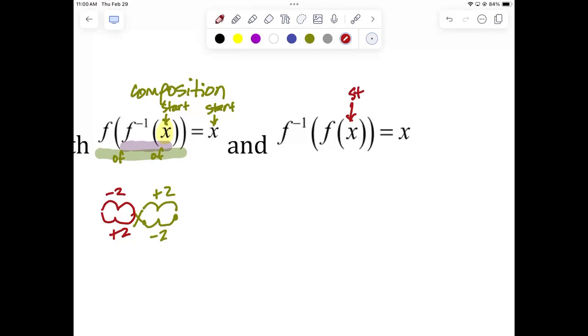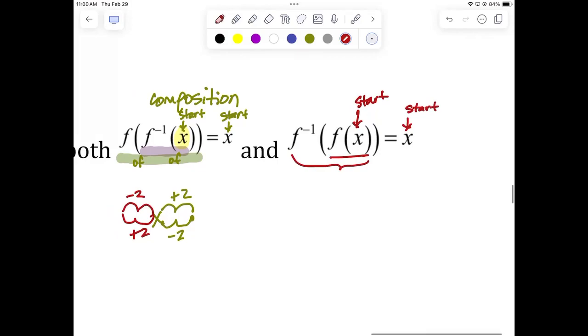I can start with x, and now I can apply f to it, and then apply f inverse, and I'm right back where I started. Okay? So that's the idea behind composition of inverses. This is the only time composition is commutative, meaning the order doesn't matter. I can do 2 right, 2 left, or 2 left, 2 right. But in either case, regardless, I end up with x, which is where I started.